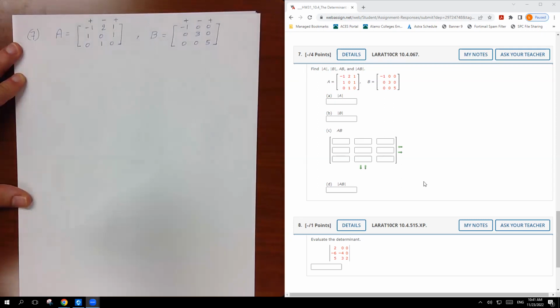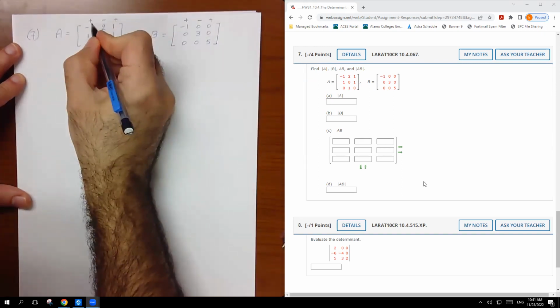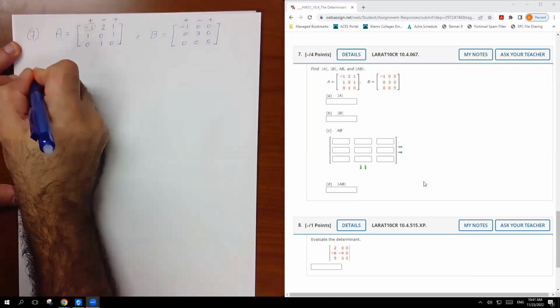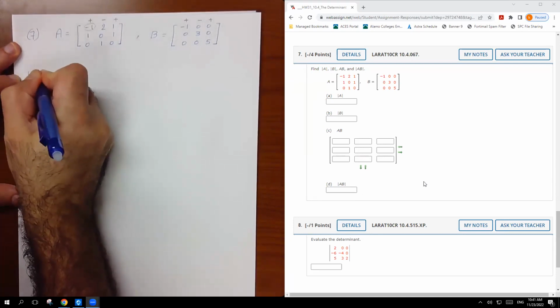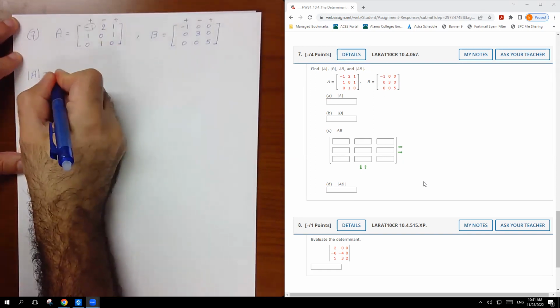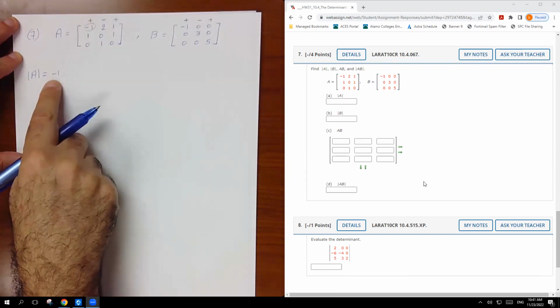Now let's start to find the determinant for this matrix. I'm going to start with the first number. So the determinant of the matrix A is going to be, I'm going to choose the first number, which is -1, because here's a positive sign, so -1 is still the same.